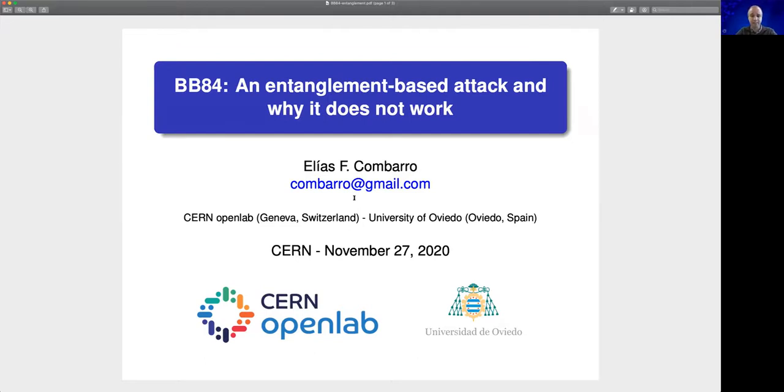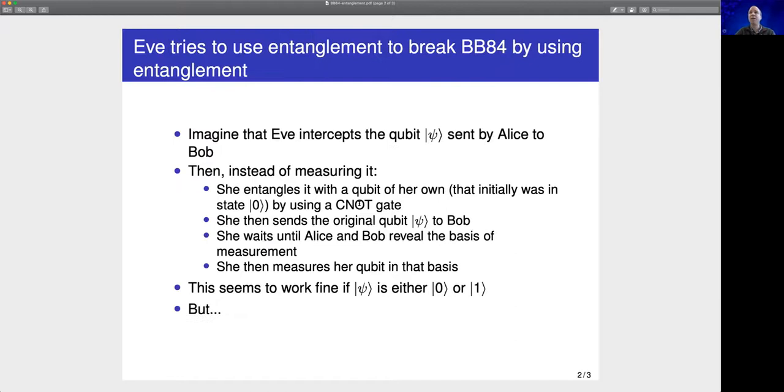When we studied BB84 in the second lecture, we had not yet studied entanglement, but in the third lecture, I suggested that maybe we could use this property in order to learn something about the qubit that Alice is sending to Bob.